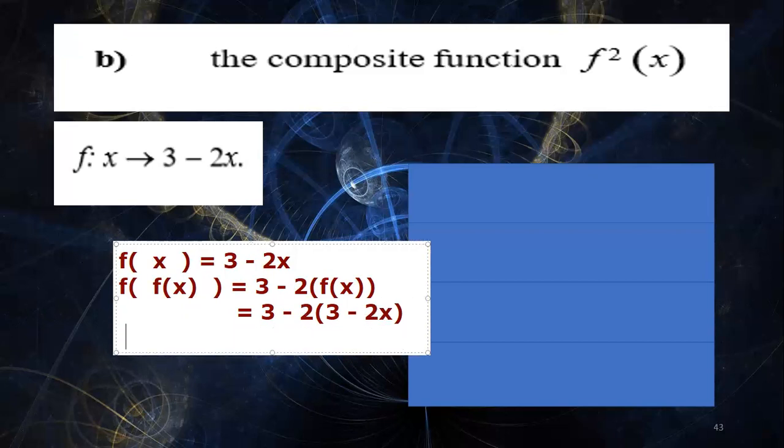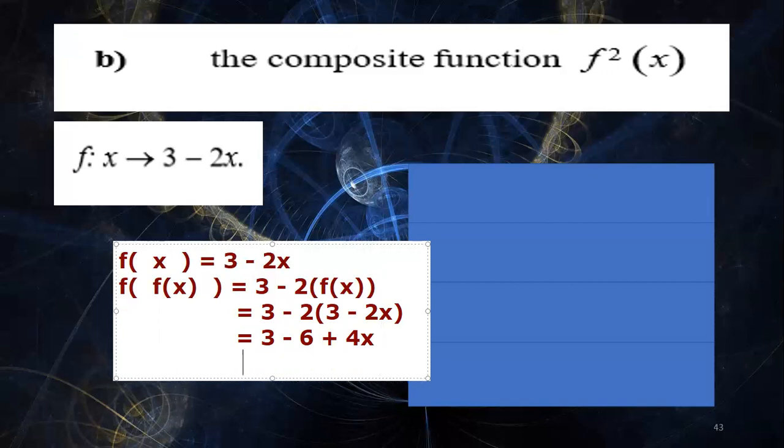Next, I will say 3 minus, I'm going to remove the brackets. Negative 2 by 3 is going to be negative 6, and negative 2 by negative 2x is going to be plus 4x. Next, from here on in, it's simply algebra. 3 minus 6 is going to be negative 3 plus 4x. Any questions there? What do you all think about that?